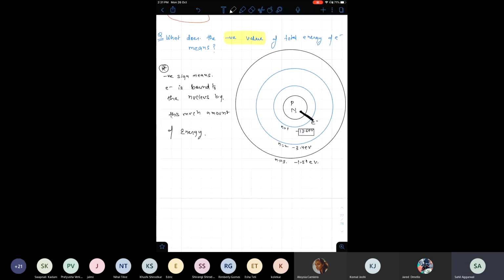Then electron is bounded by 3.4 electron volt. Then electron is bounded by 1.5 electron volt. And it becomes more free as it goes to higher orbit, that is away from the nucleus.